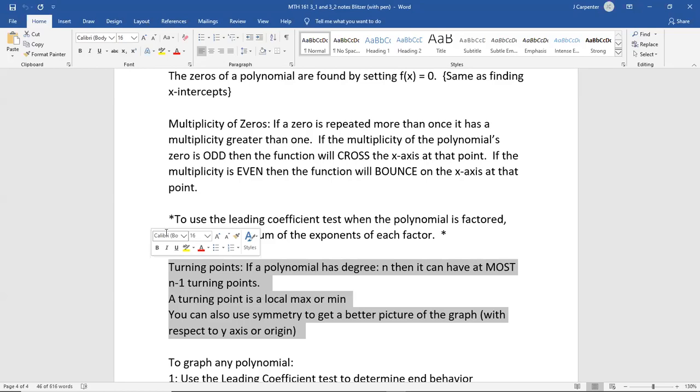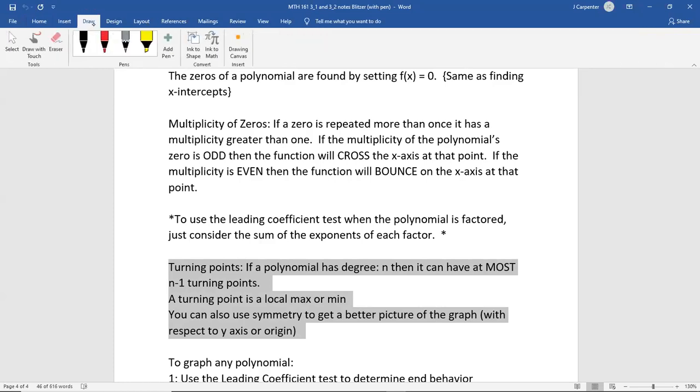So what exactly is a turning point? Well, a turning point is a max or a min. Let me switch colors. So let's say this was our graph, this red thing over here.